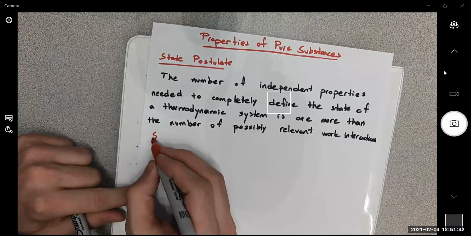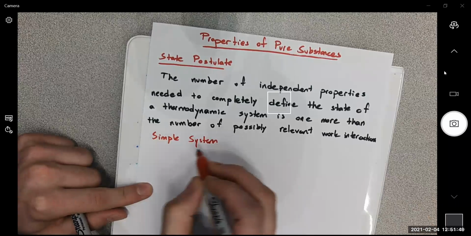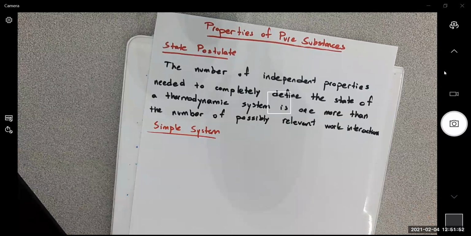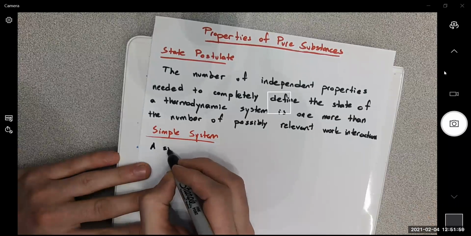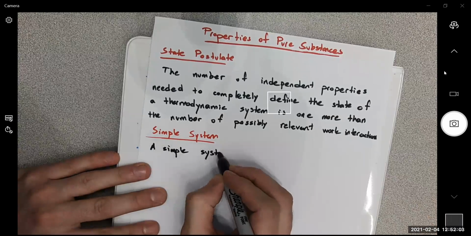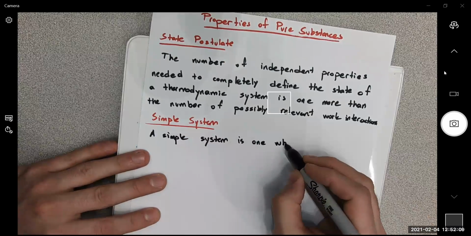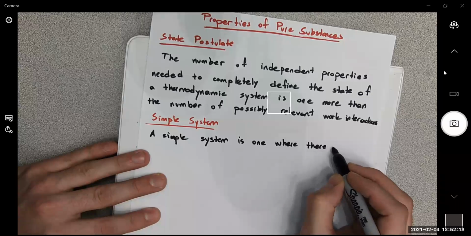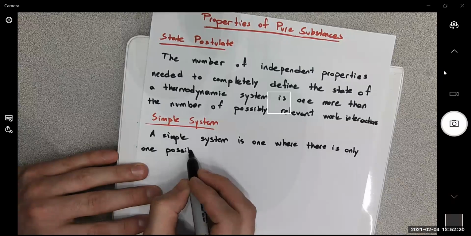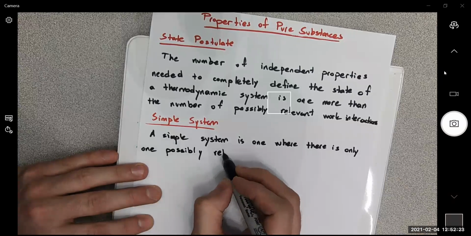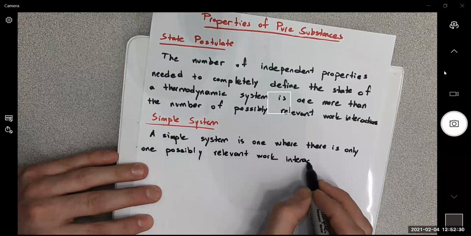And we need a simple system for this. A simple system is one where there is only one possible relevant work interaction.